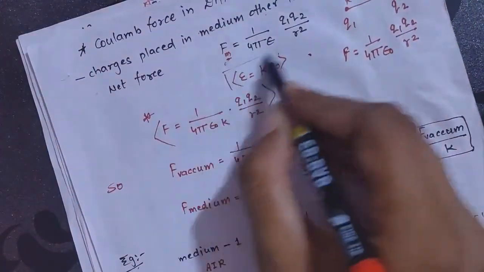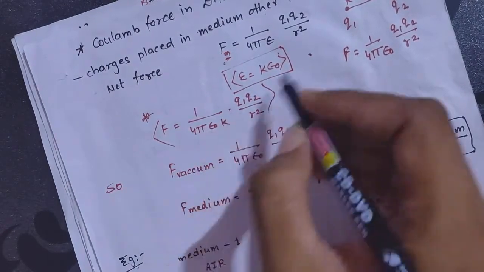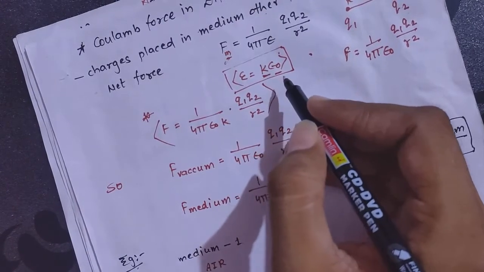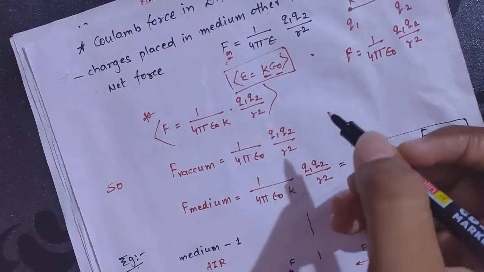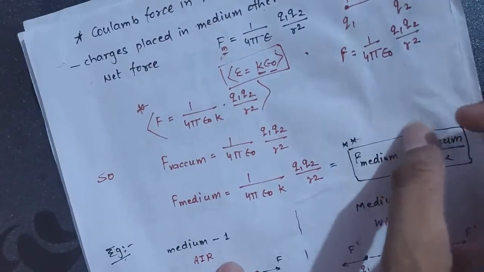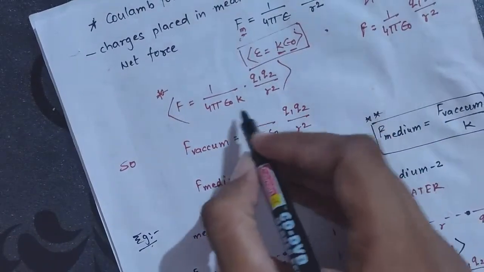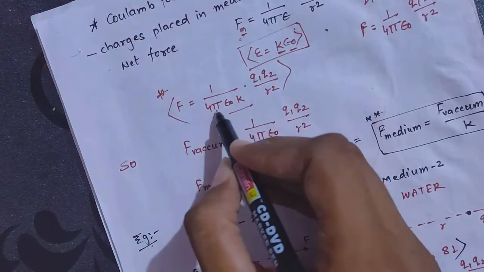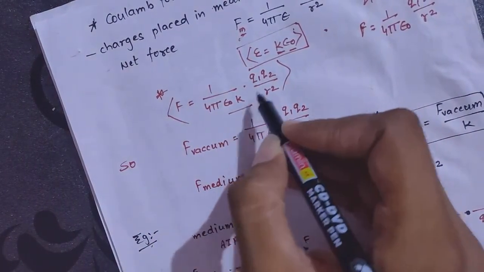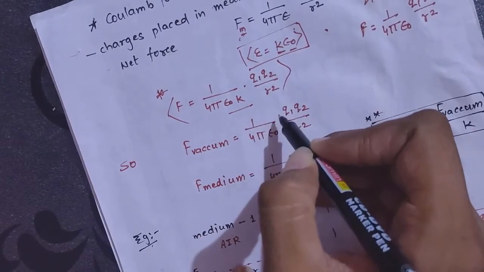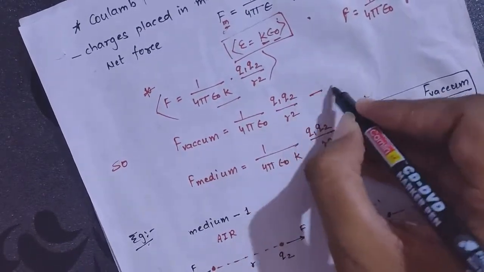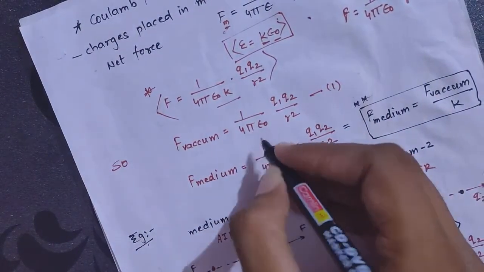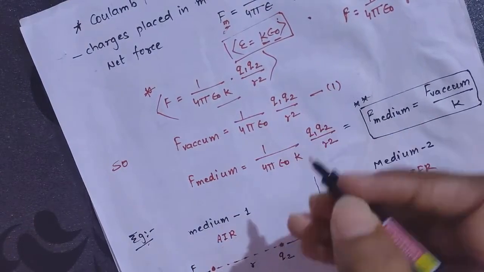Here epsilon is equal to K times epsilon naught, where K, as I told you in the previous lecture, is the relative permittivity or the dielectric constant. So the net equation is F medium is equal to 1 upon 4 pi epsilon naught K times Q1 Q2 upon r square. So this is equation number one: F vacuum is equal to 1 upon 4 pi epsilon naught Q1 Q2 upon r square.